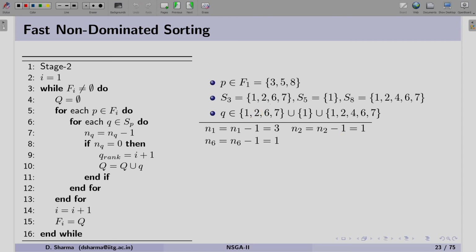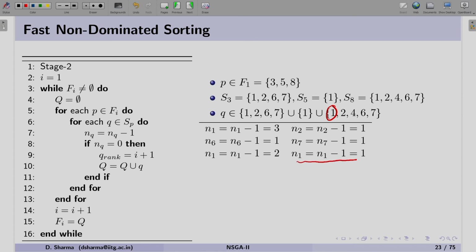The third solution here is 6. So, we will take N6 equal to N6 minus 1, we get 1, and then we have 7. So, N7 equals N7 minus 1, which is now 1. Thereafter, we will take 1. So, N1 is now 2. Then we will take again 1.